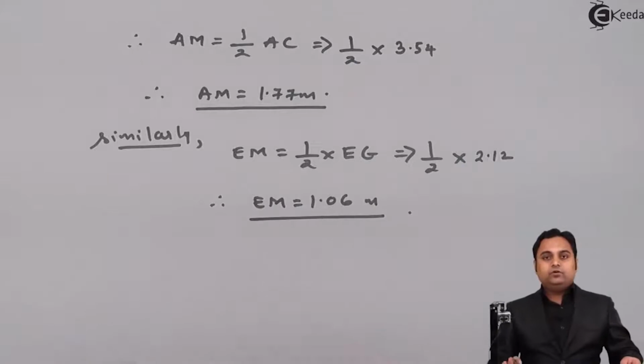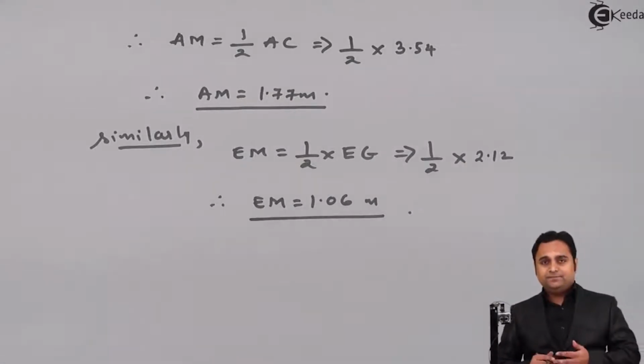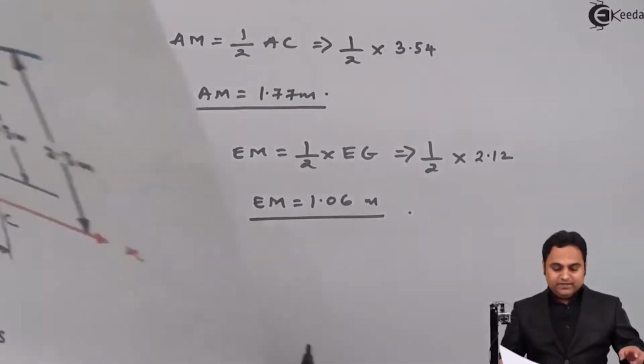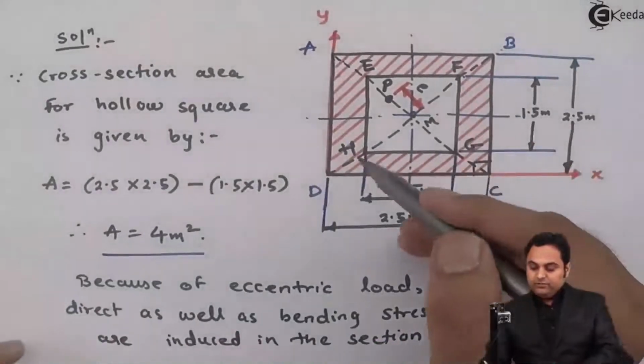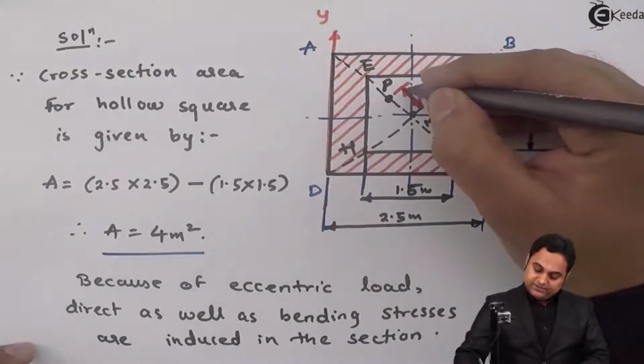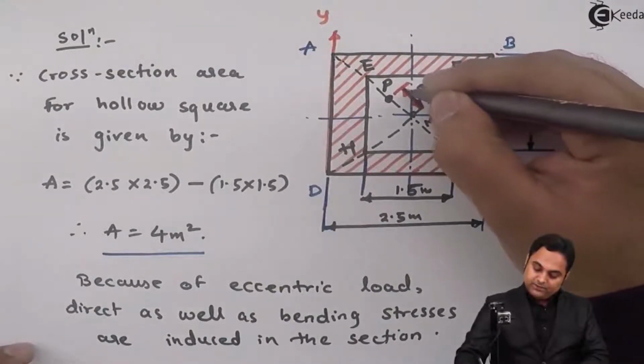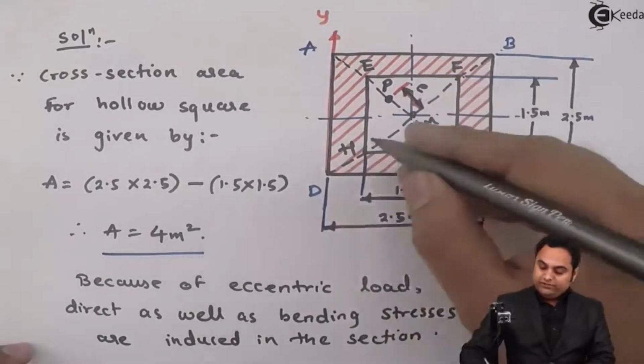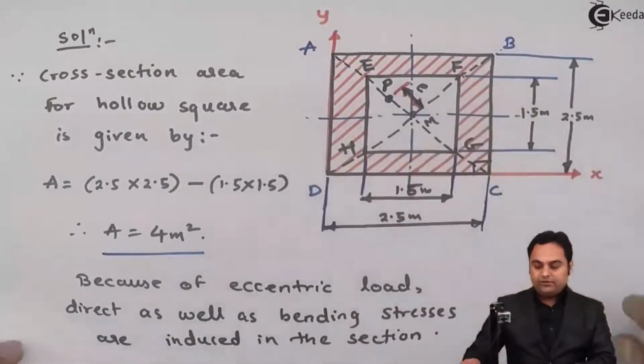Now after getting all these values, why we have calculated them: it would be used in the calculation of moment of inertia, because here, as we see, the eccentricity is given with respect to diagonal BD. So we need to have moment of inertia about diagonal BD.